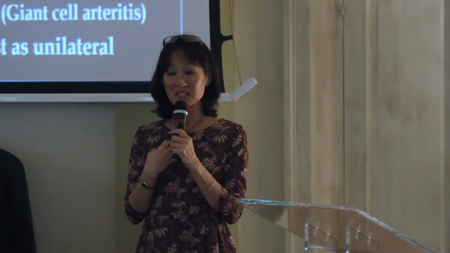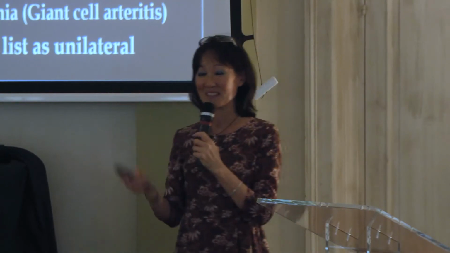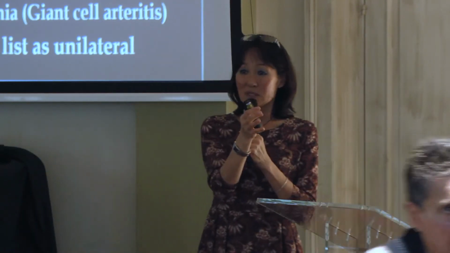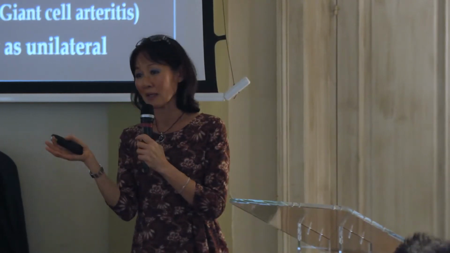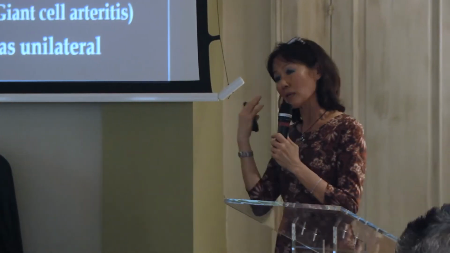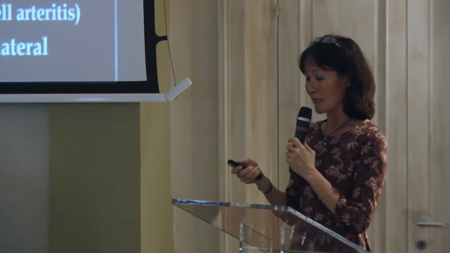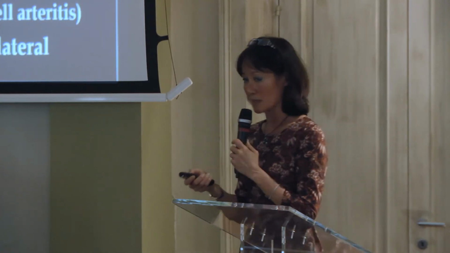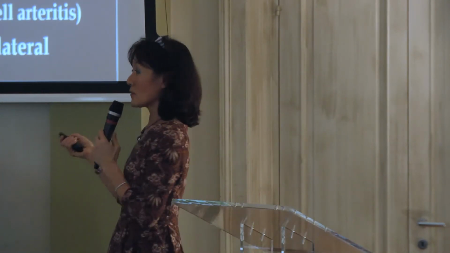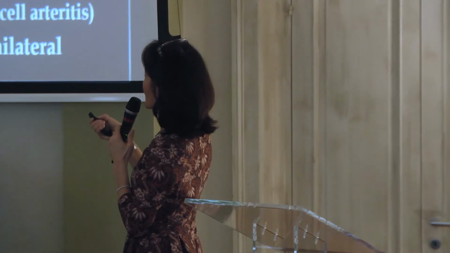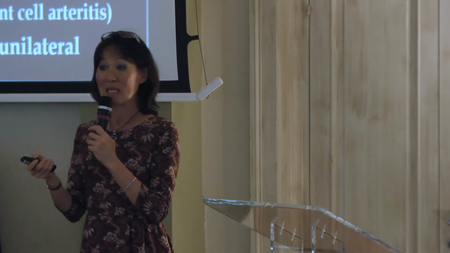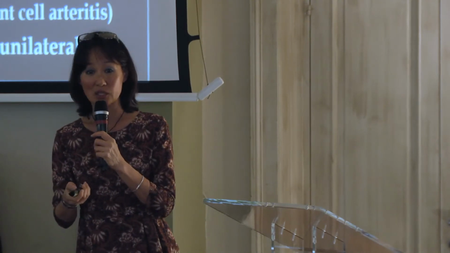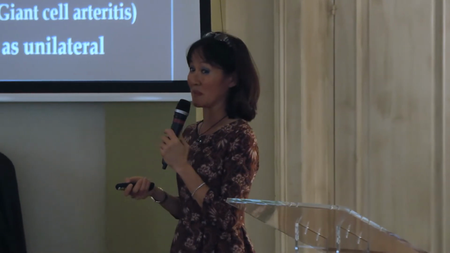In my opinion, what I do is I immediately separate the patients into those with unilateral edema and those with bilateral edema. The reason I do that is it's easier for me to think about the possible causes. Quite honestly, if I see a patient with unilateral disc edema, I'm going to think ischemia, maybe anterior ischemic optic neuropathy.